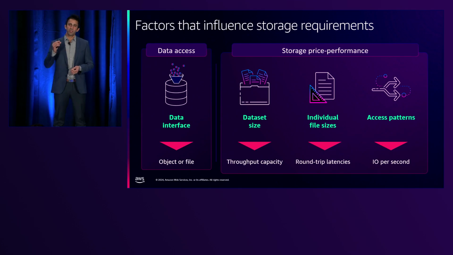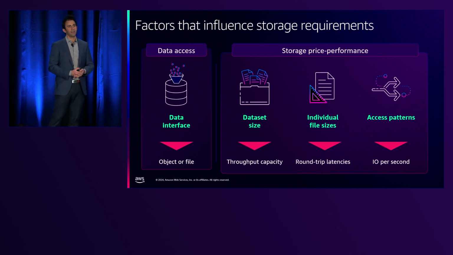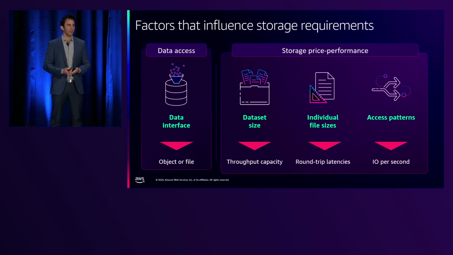That's because if you're working with small files, the time it takes to retrieve a small file really depends on the latency profile of the storage service, and we'll talk about that in the slides ahead. Lastly, the access pattern of the workload is also going to drive which storage service you use for a particular application.